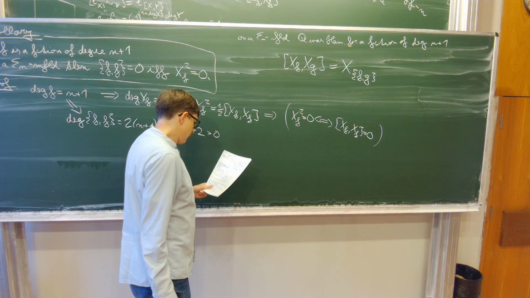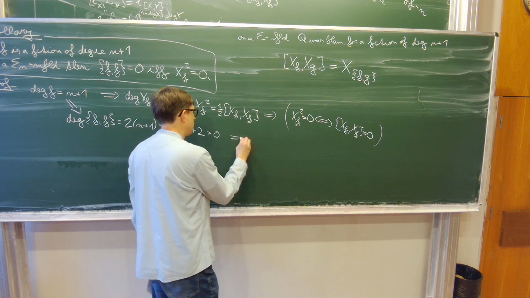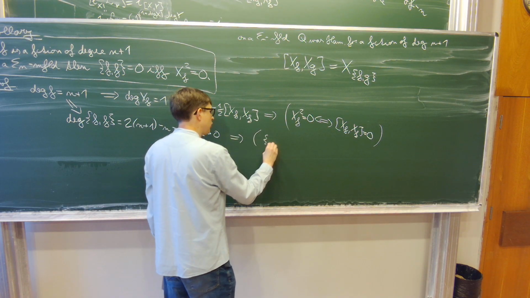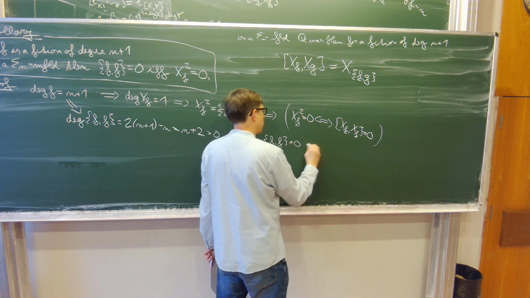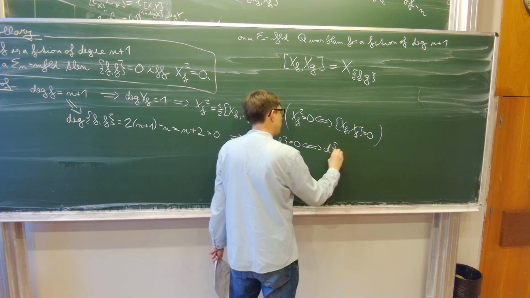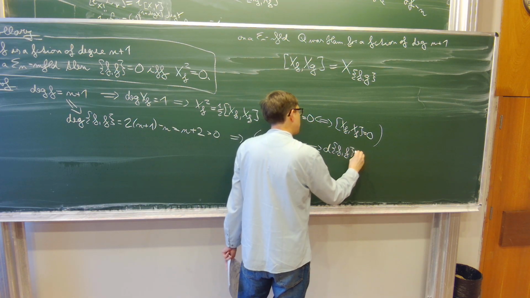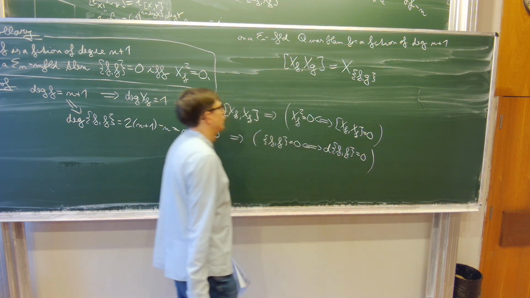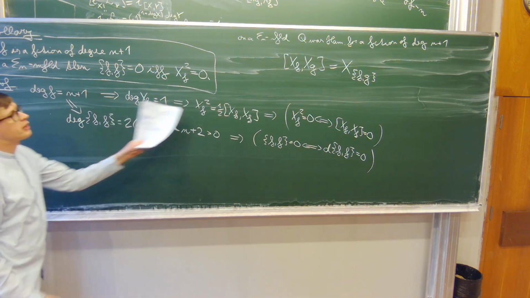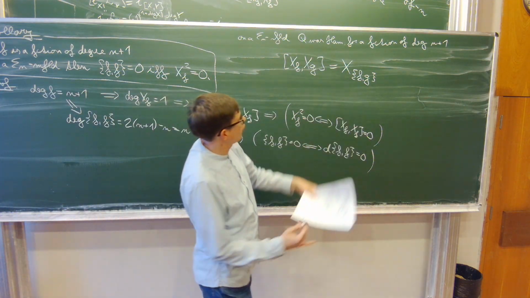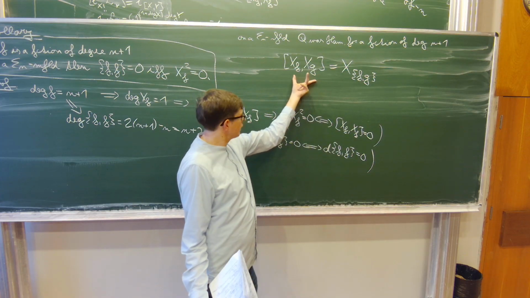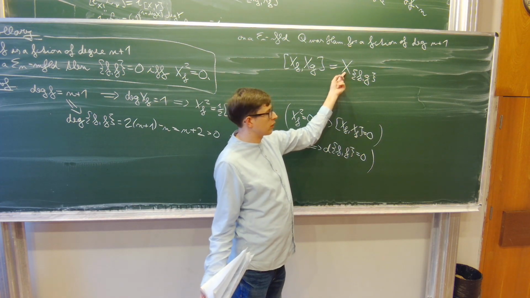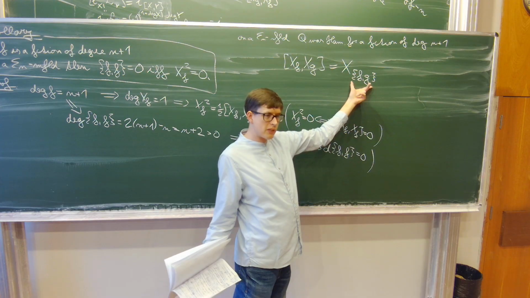And this says that vanishing of this guy is the same as the differential vanishing. There is one subtlety here: if this thing is 0, then this thing is 0. But if this thing is 0, it just means that the Hamiltonian vector field is 0, which means that f can be constant.